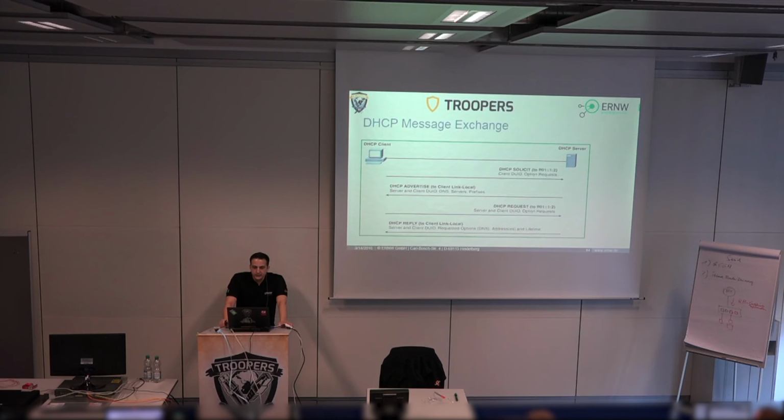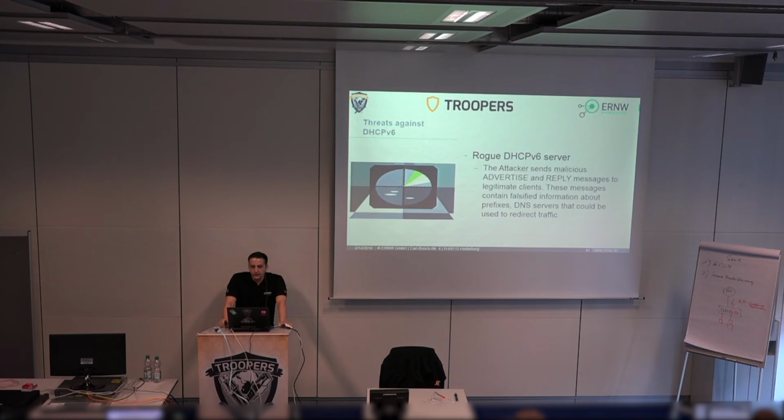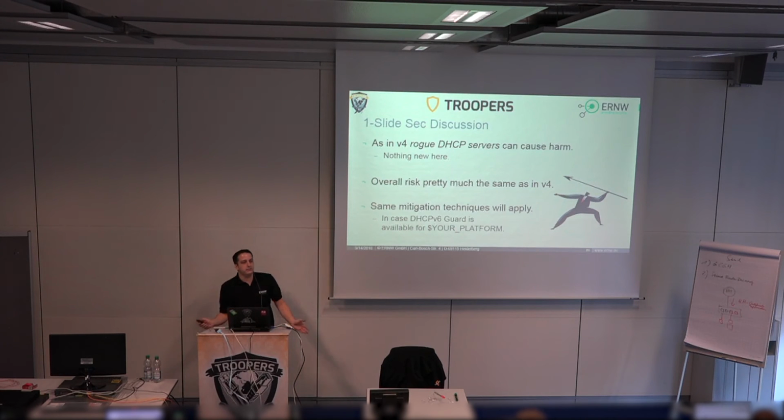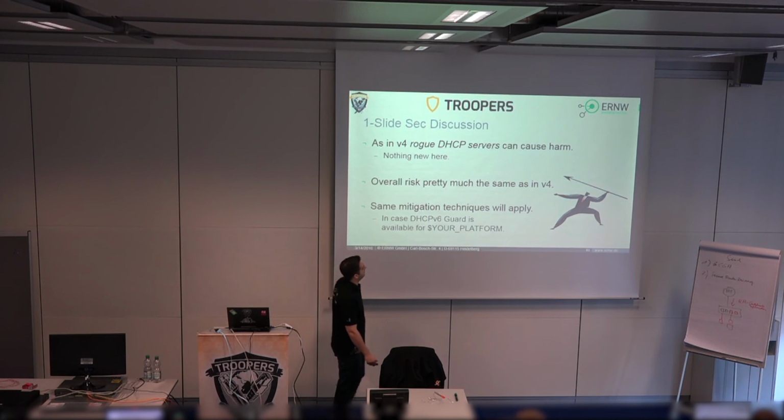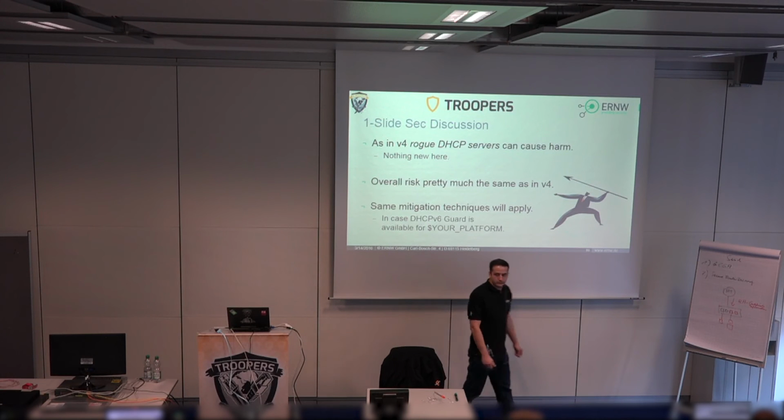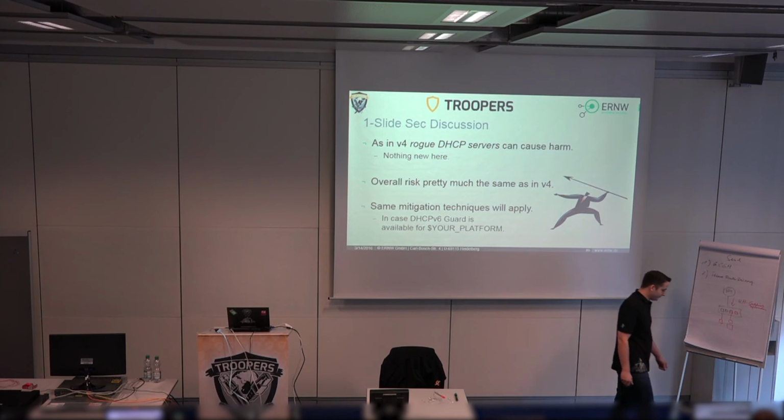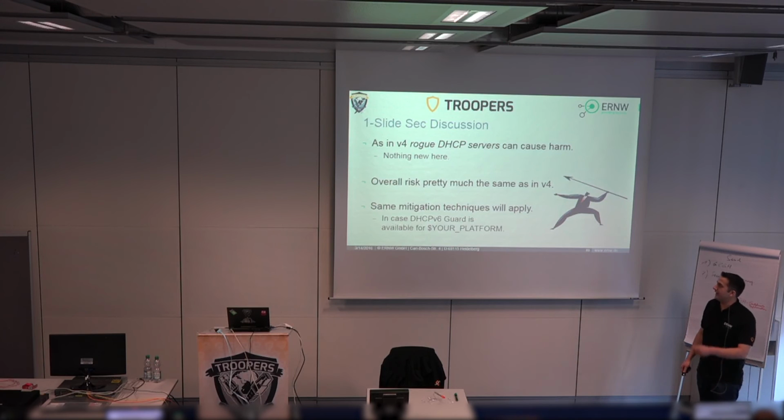So what can be done against DHCPv6? Well, to make it short, it's pretty much the same as in the IPv4 world. The same risks or problems we have in the IPv4 world are now in the IPv6 world.